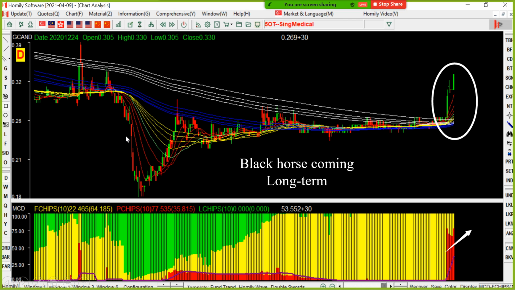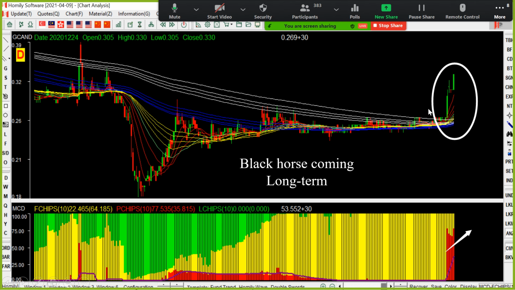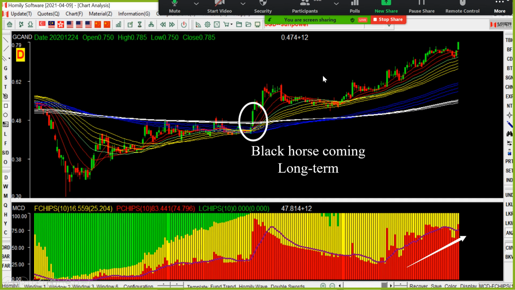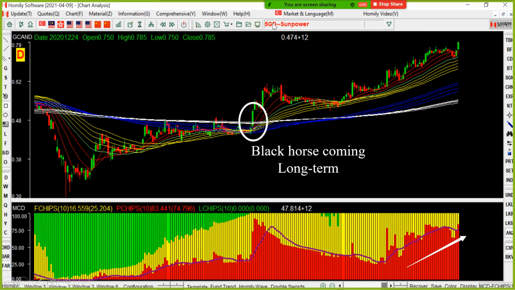The candlestick sideways, crossed up the white rainbow, it's black horse coming, right? Long-term reversal. Then we have SunPower. You see, the black horse coming around here, all the way dropped and sideways, the candlestick crossed up the white rainbow and all the way up.